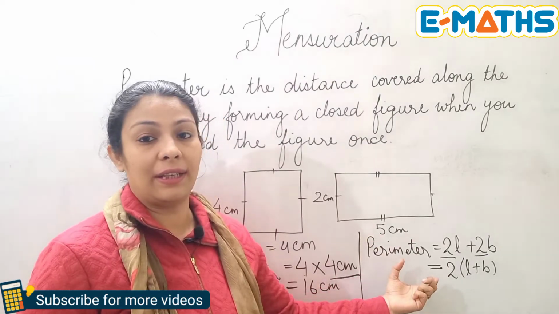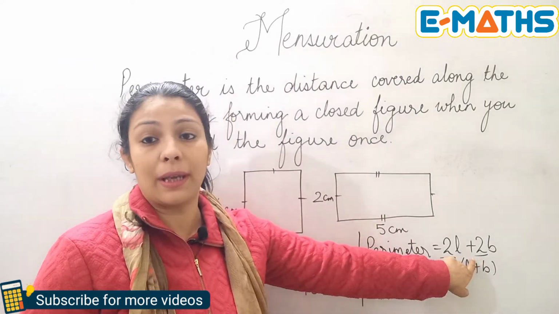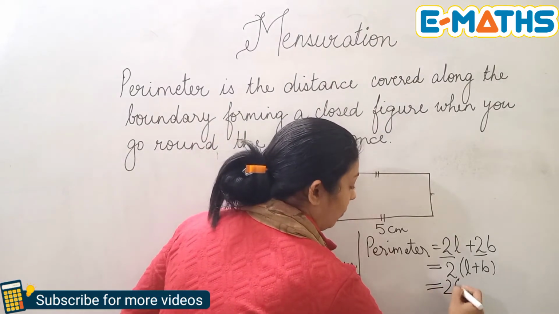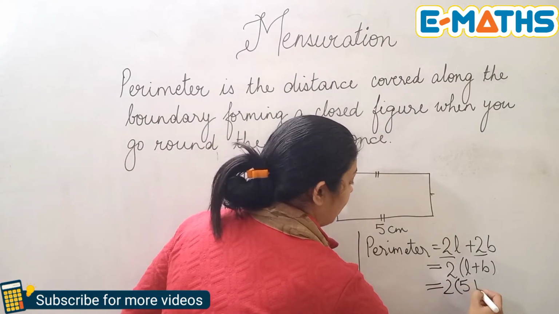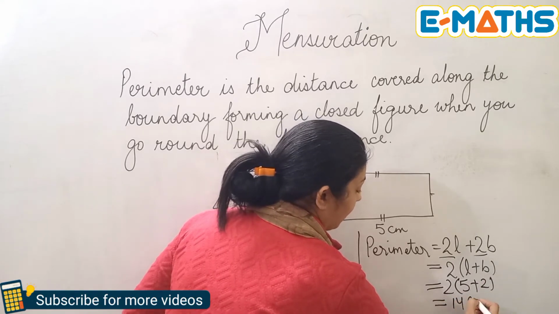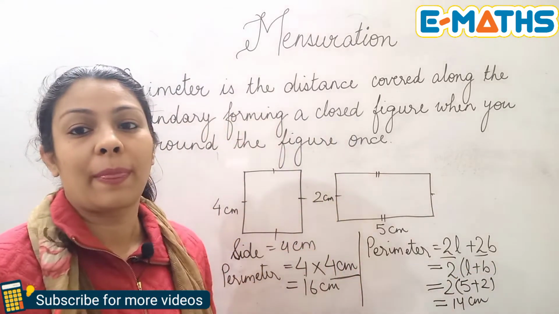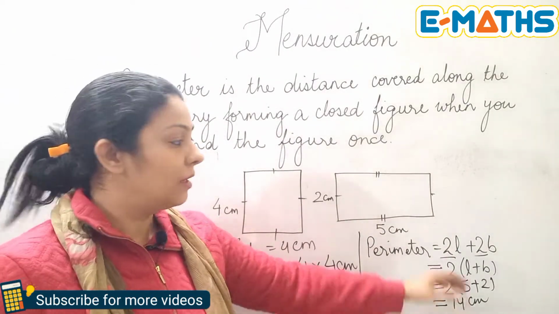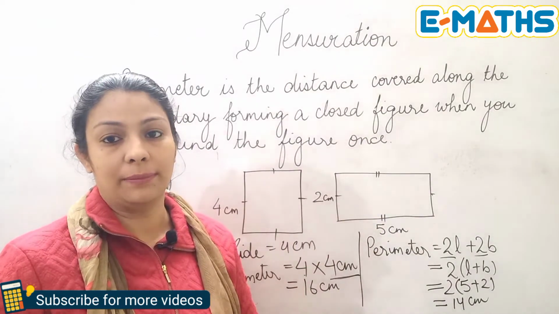That's why we are writing it like this. So here it will be a plus sign and then you can put in the values. 2 into L is 5 and B is 2. So 2 into 7 will be 14 centimeters. So again the answer is in centimeters because our units were in centimeters.